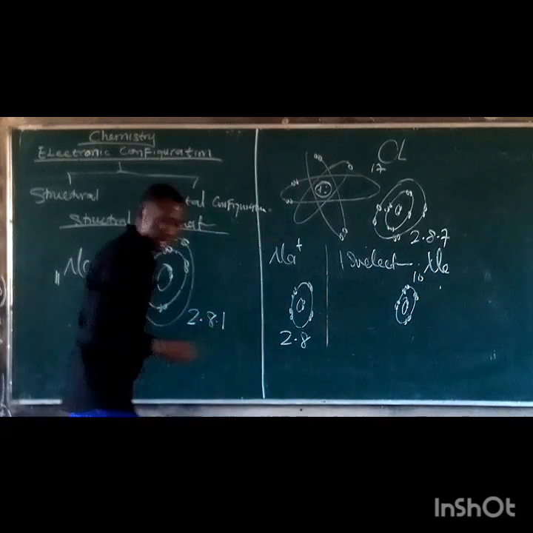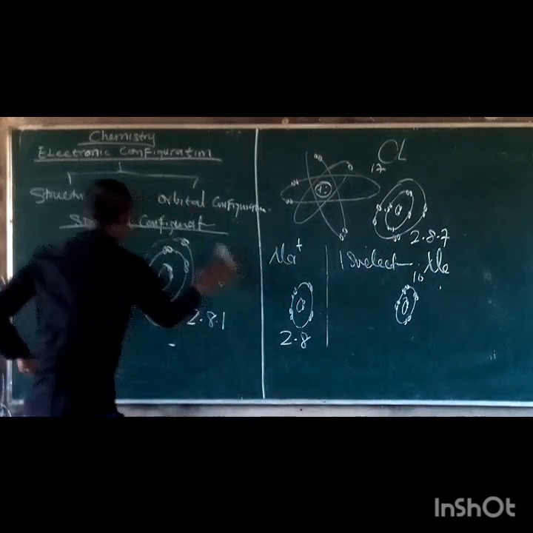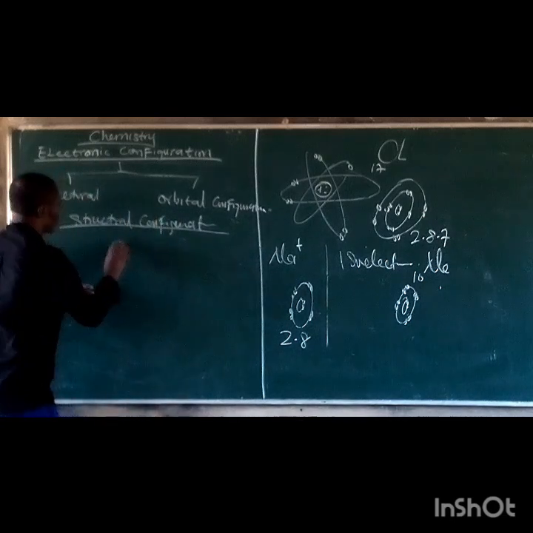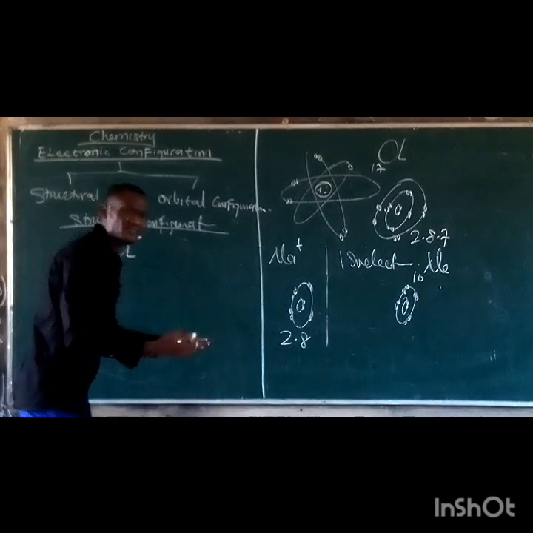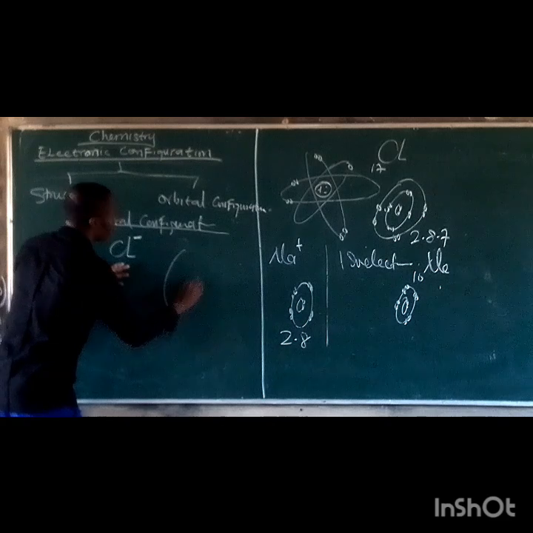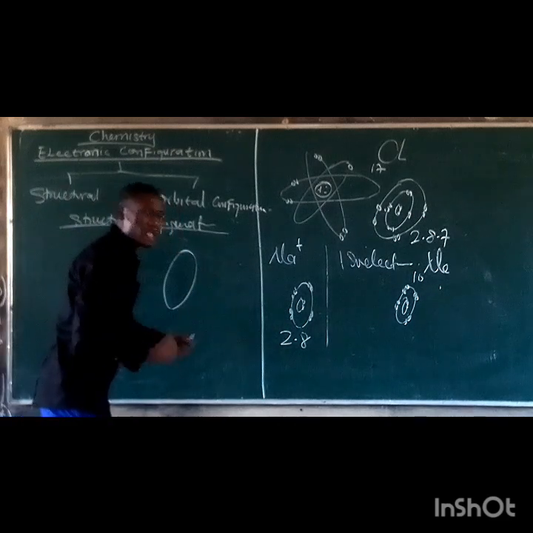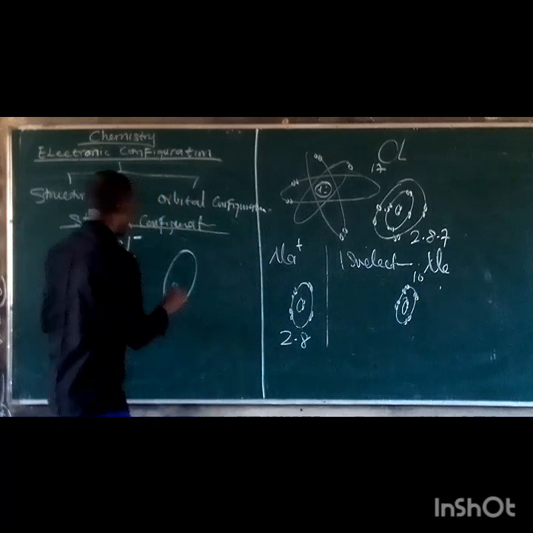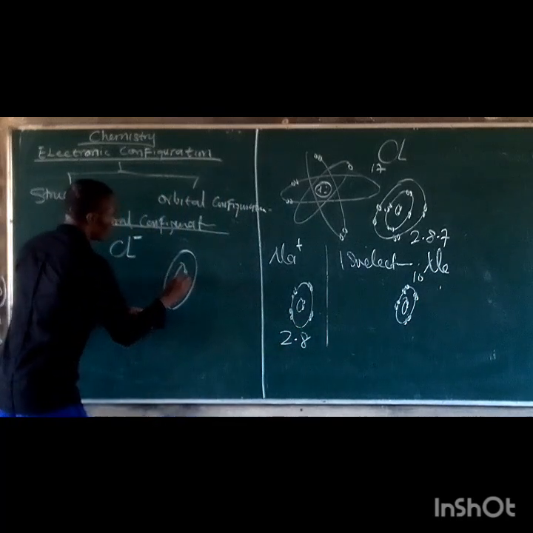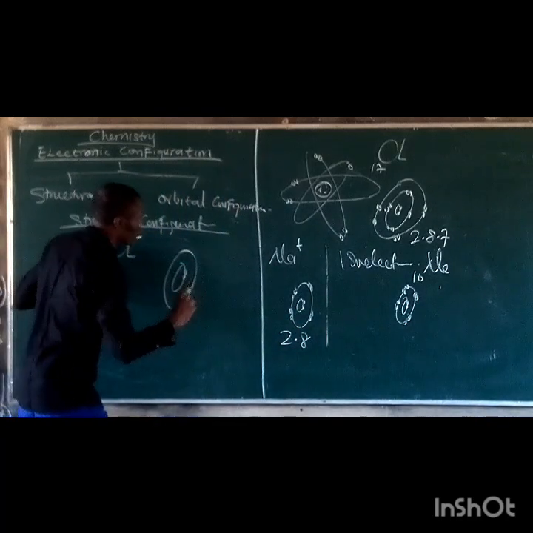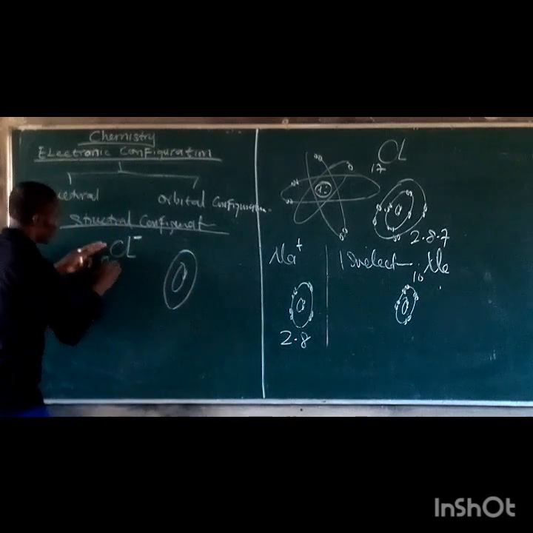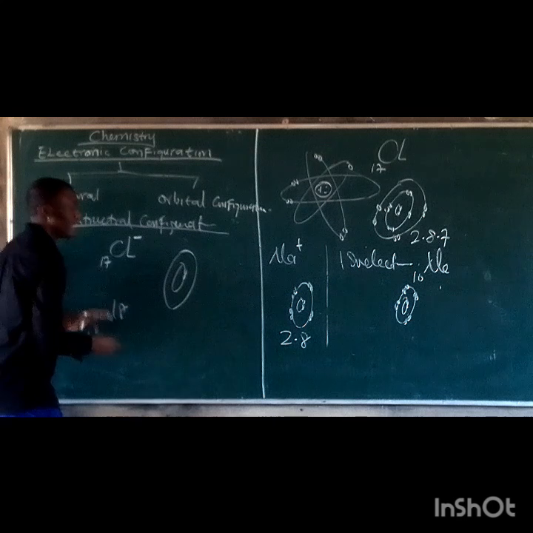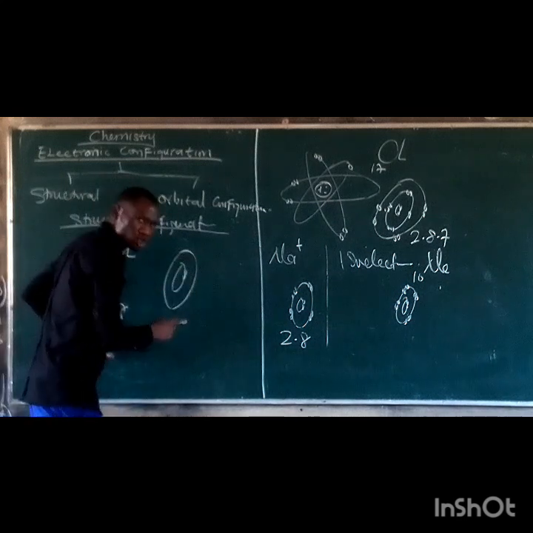Let me give you a little example. When chlorine receives an electron, it becomes negatively charged. Let's solve the problem. When chlorine, atomic number 17, receives an electron, it becomes 18 electrons in total, with 8 electrons in the outermost shell.